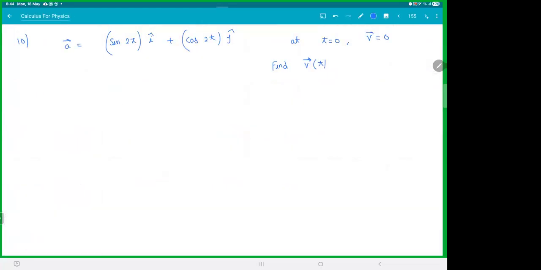Okay, let's see. So acceleration is dv by dt.